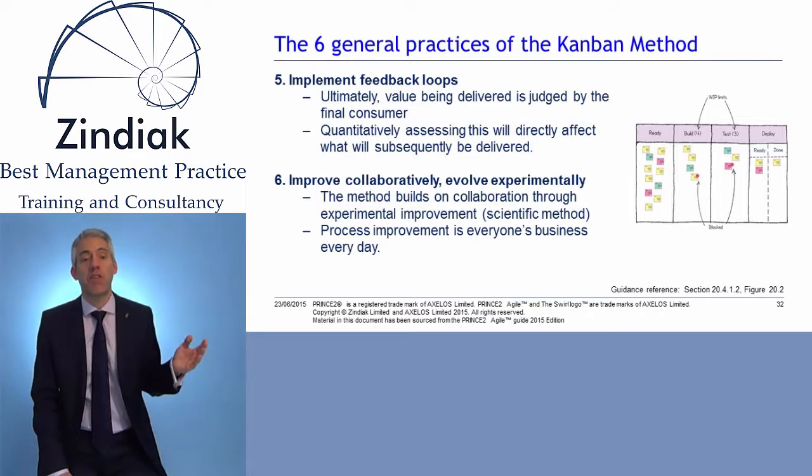And the sixth and final practice is improve collaboratively, evolve experimentally. So the method builds on collaboration through experimental improvement, and it refers to the scientific method. Other agile methods may refer to a spike or a prototype.